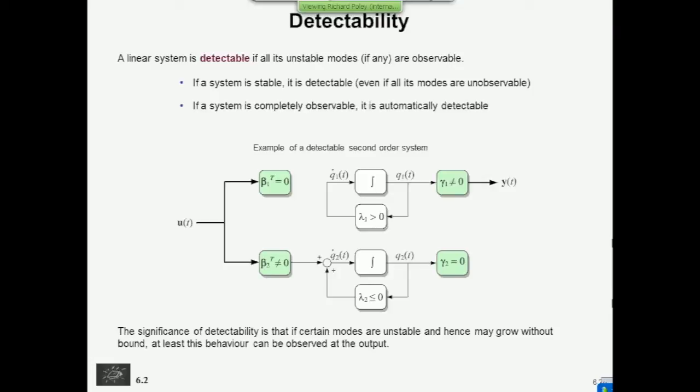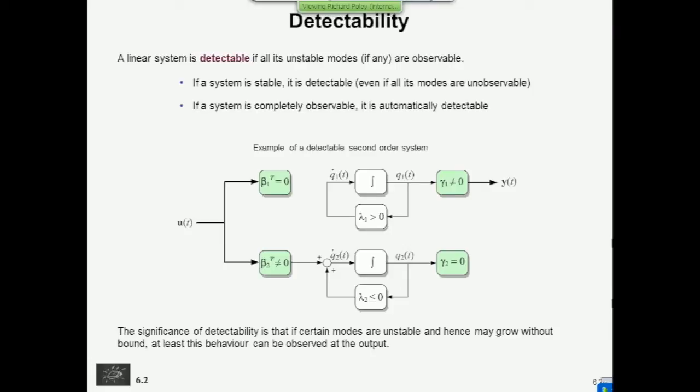Here, it's the same system actually, but here you've got gamma non-zero, so gamma 1 non-zero, so the first mode is coupled through to the outputs, but the second mode is not. Now here, the first mode is unstable, so it's a detectable system based on the first mode, and the second mode is stable.